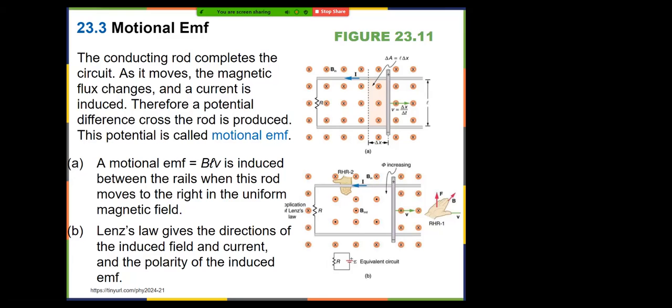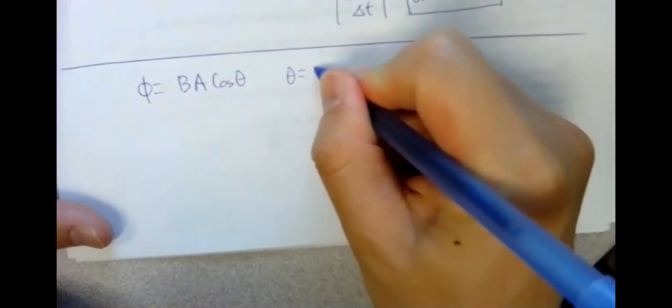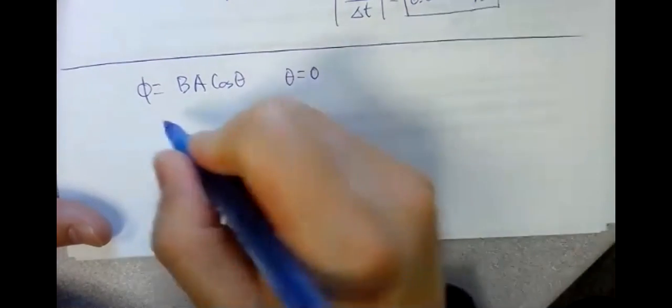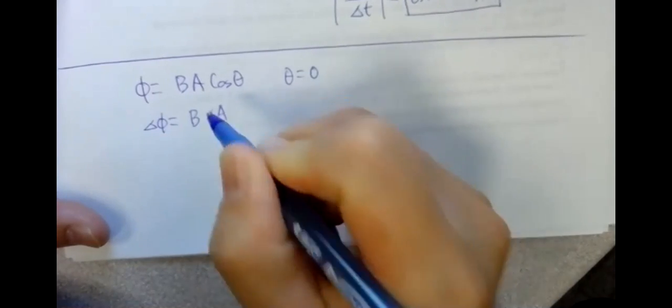Let me derive this for you. You can have the slides open, but basically, because flux is equal to B times A times cosine of theta, and in this case theta is 0 because the magnetic field is perpendicular to the loop, the change in flux is just B times the change in area.